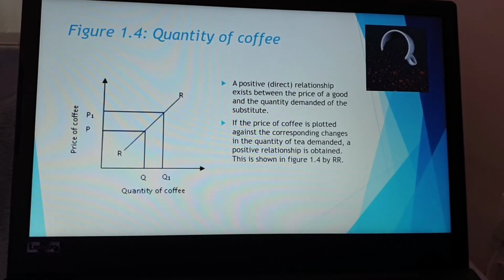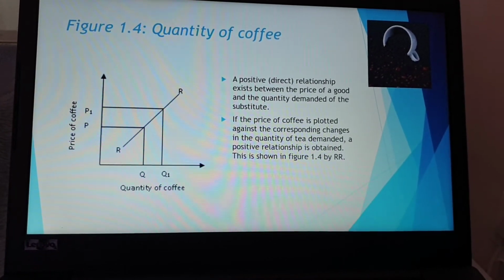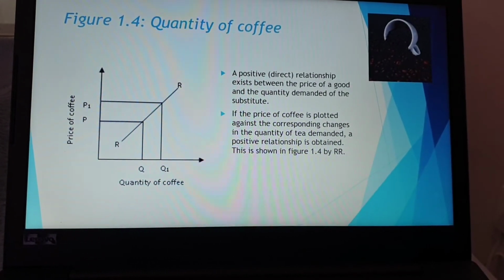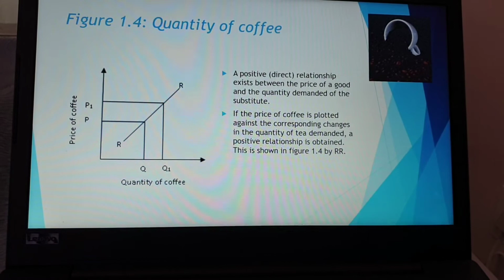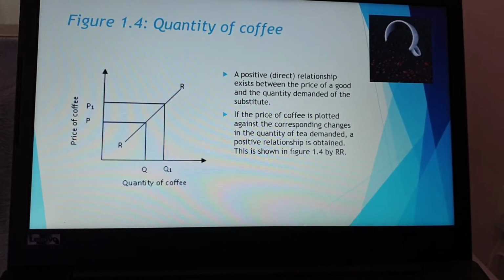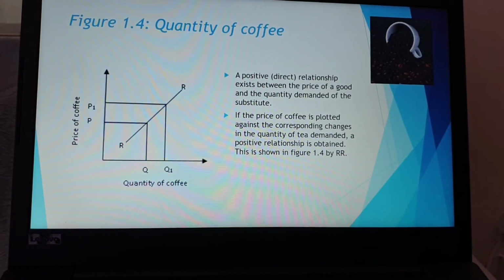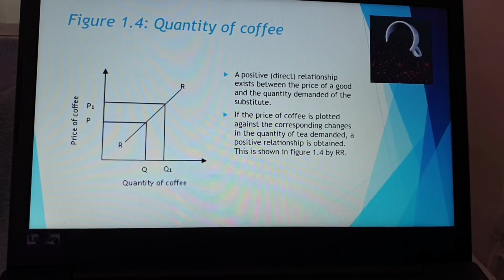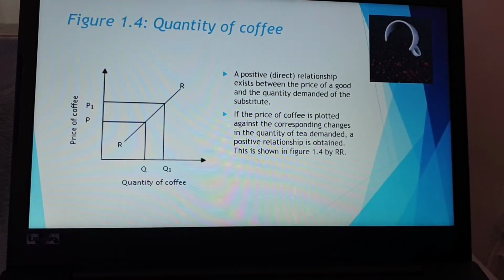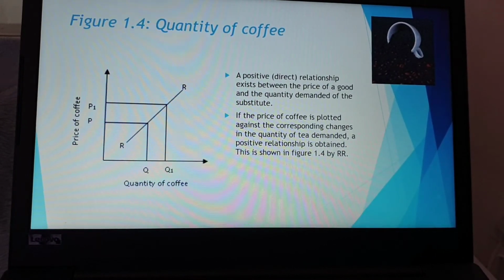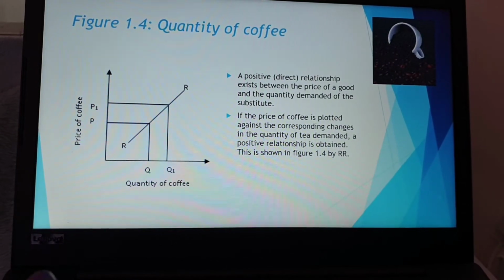Then figure 1.4 shows us the quantity of coffee, that there's a positive, in other words a direct relationship that exists between the price of a good and the quantity demanded of the substitute. If the price of coffee is plotted against the corresponding changes in the quantity of tea demanded, a positive relationship is obtained. This is shown in figure 1.4 by RR.